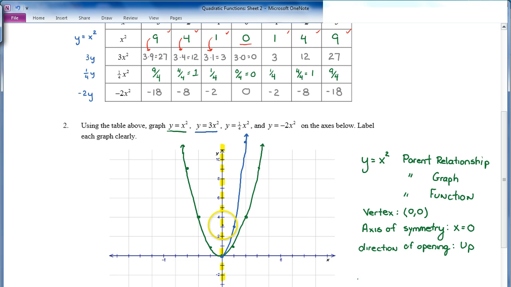If I take one step to go from there to there, I'm going to take one step out to here, and there's my other point, -1, 3. If I take 2 steps to get to the axis of symmetry, I'm going to take 2 steps to come over here. So I'm going to get -2, 12. And I want to get this nice shape here.